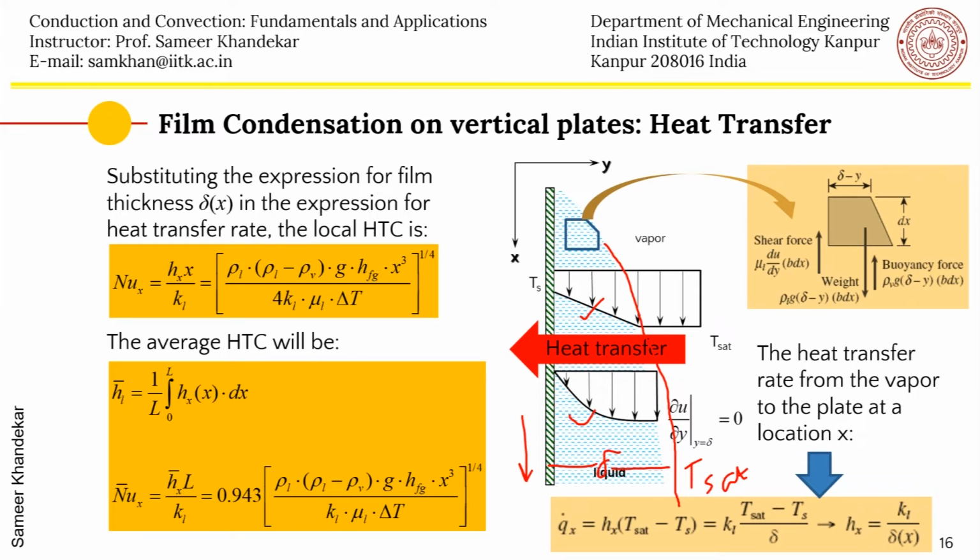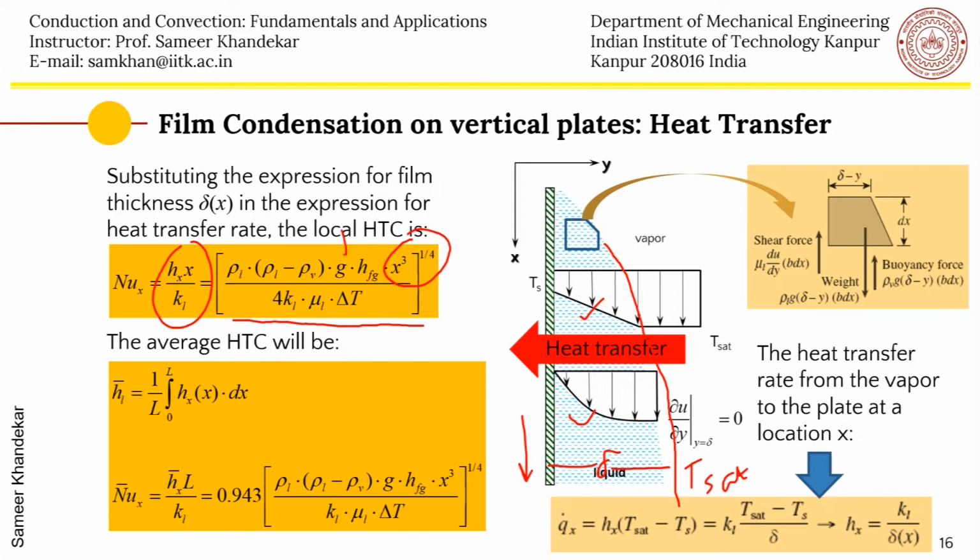It is a function of x to the power 3 by 4. It is also a function of g, the gravity, because that is for Earth gravity conditions. It's a vertical film. Mind you, if you want to do, let's say, condensation in space or condensation on the moon for some applications, then the g there will be different, and the rate at which the film will grow will be different, as you will appreciate.